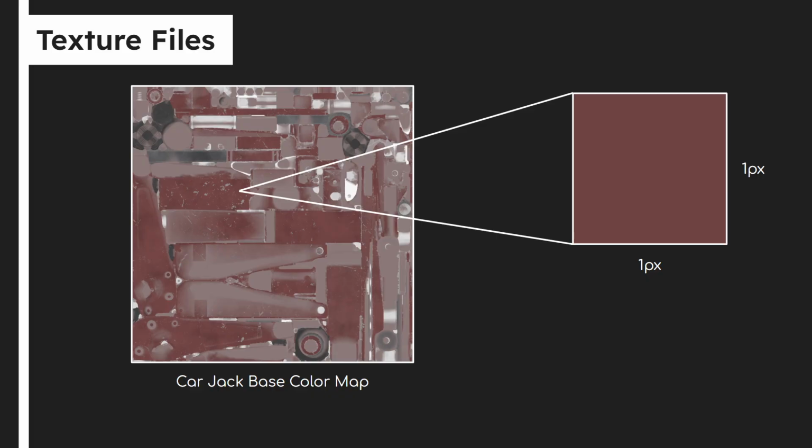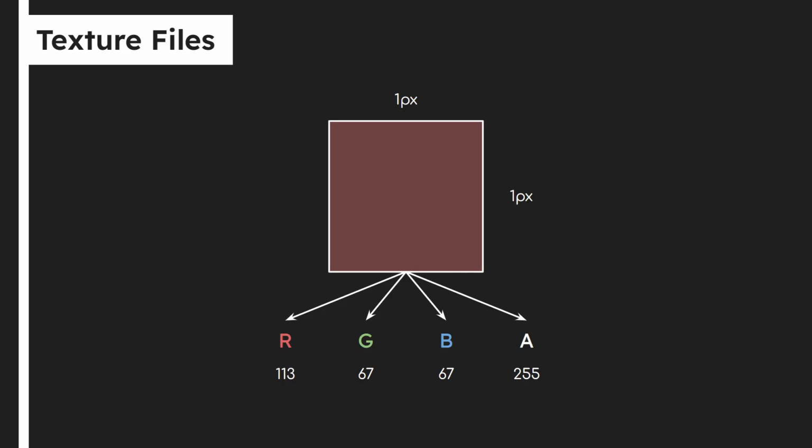The first map is the color map. And I just want to kind of explore how textures work with you. This might be a refresher if you already kind of know. But if we're looking at a texture map like this, we're dealing with a bunch of pixels in an image. Each one has a color value. Easy enough to understand. We can break that pixel down. That pixel has a red channel, a green channel, a blue channel, and an alpha channel.